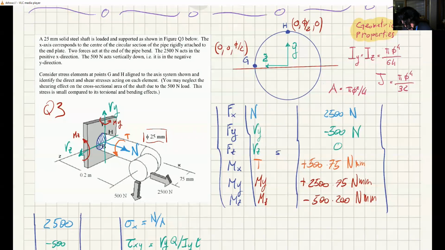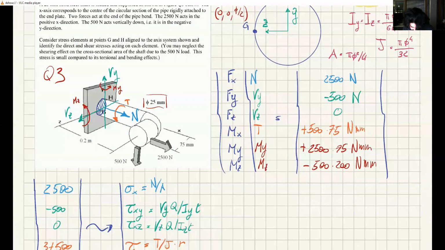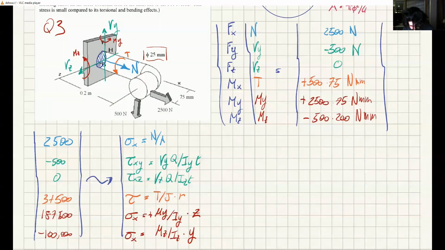Now, in this case, this is the neutral axis. So some of it is in tension and some of it is in compression. So half is in tension, half is in compression. And in this case, if the moment was positive, the bottom side would be in tension and the top side would be in compression. But what's happening here is that the force is negative.